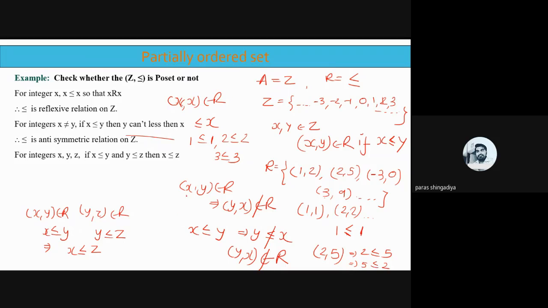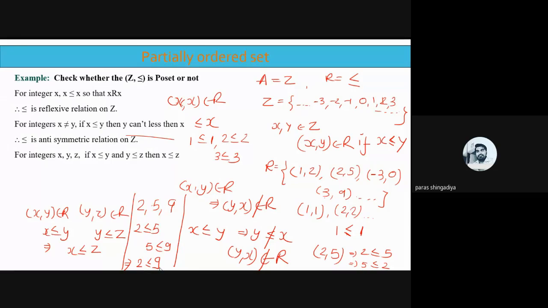And you can consider one example for that. Let us say x is 2, y is 5, and z is 9. So 2 is less than or equal to 5, that is x less than or equal to y. Then 5 is less than or equal to 9, that is y less than or equal to z. Based on these numbers, we can easily say that 2 is also less than or equal to 9, meaning x is also less than or equal to z.